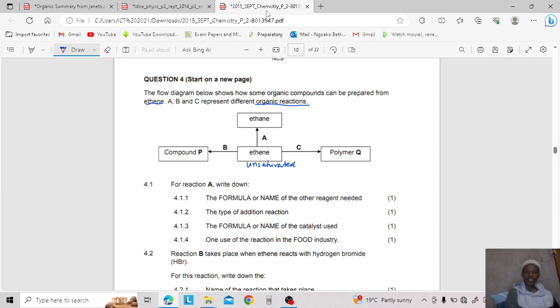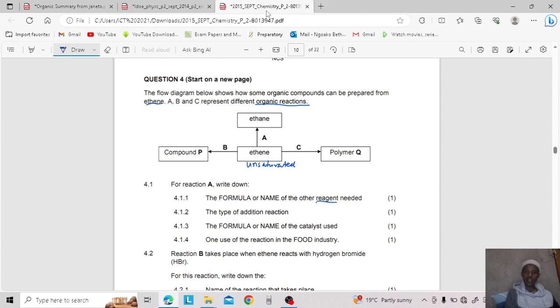Right, let's see. For reaction A, write down the formula or the name of the other reagent needed for reaction A. So we simply have an ethene, then the name or formula of the other reagent needed.